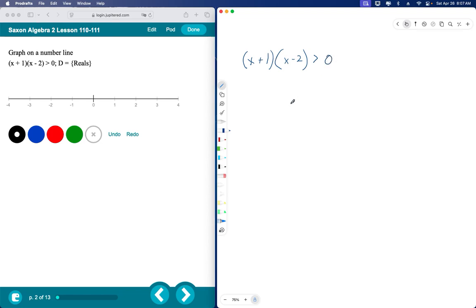So if we work from the premise that we have a positive times a positive, then x plus 1 must be greater than 0, and x minus 2 must be greater than 0.